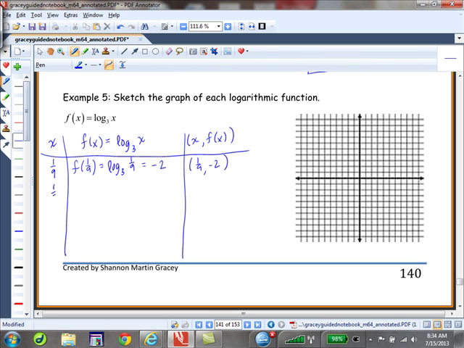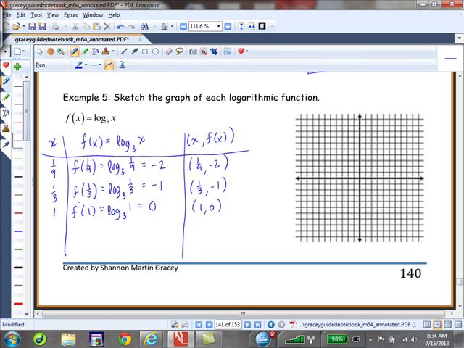Then 1/3: f at 1/3 is the power to which we raise 3 to get 1/3, and that is -1, because 3 to the -1 equals 1/3. So we get the ordered pair 1/3, -1. Then f at 1 equals log base 3 of 1, the power to which we raise 3 to get 1, which is 0. So we get the ordered pair 1, 0.